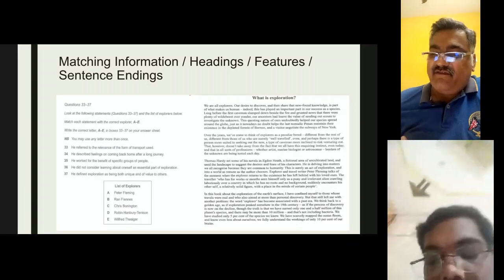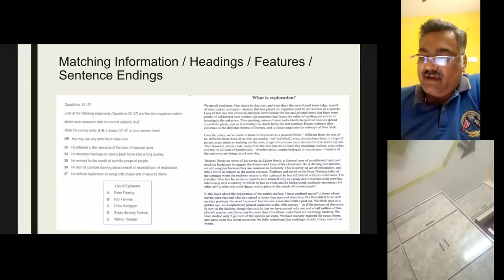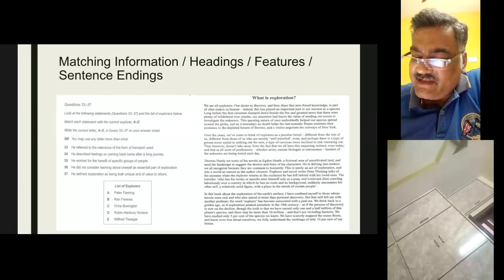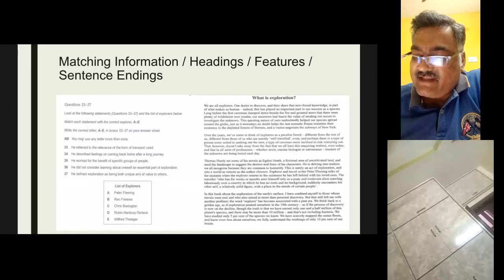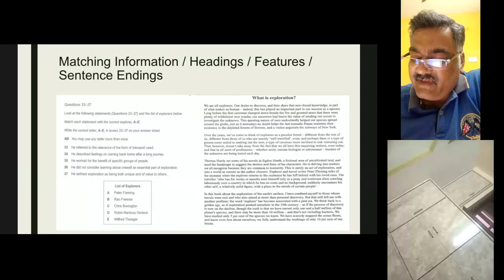All right, matching information, heading, features, and sentence endings. Now, if you look at the instructions, questions 33 to 37: look at the following statements and the list of explorers below. Match each statement with the correct explorer A to E. So they're given a list of explorers, and they're given statements also.